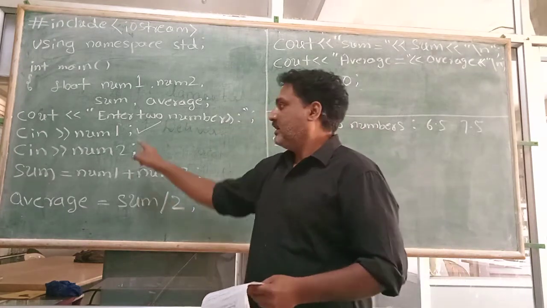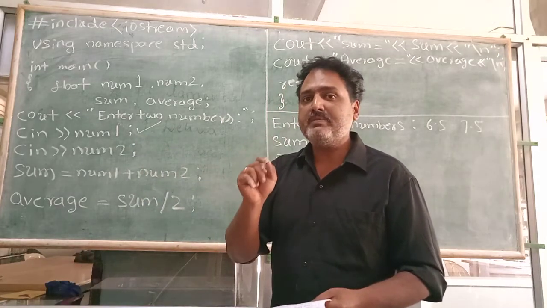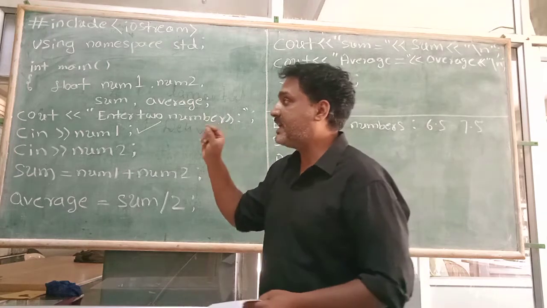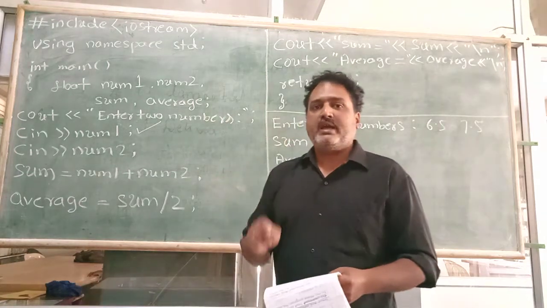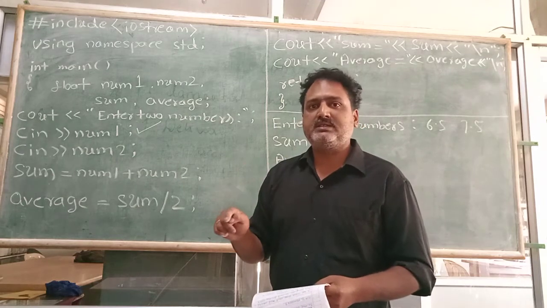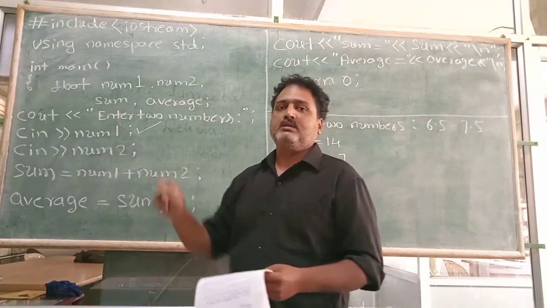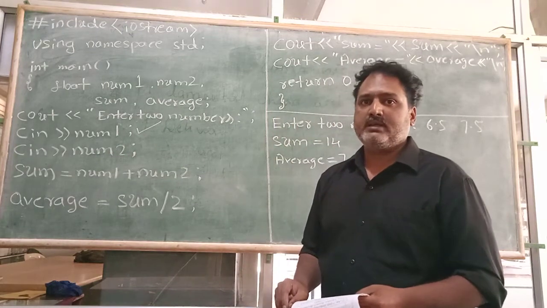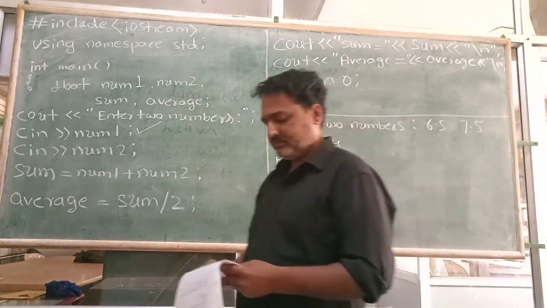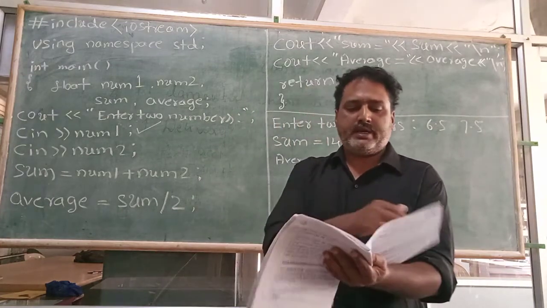Here the standard input stream represents what? The keyboard. In that keyboard, what we enter, the sequence of bytes, will be stored in this variable. Here this stream represents the keyboard.